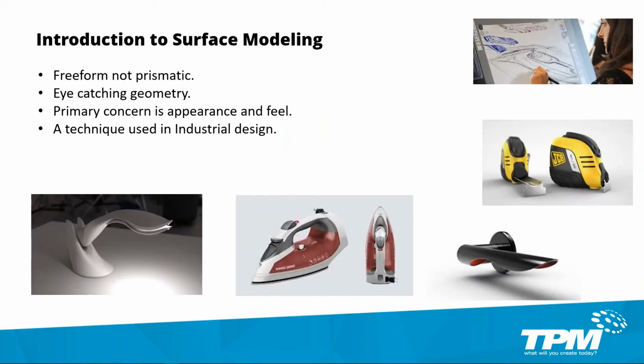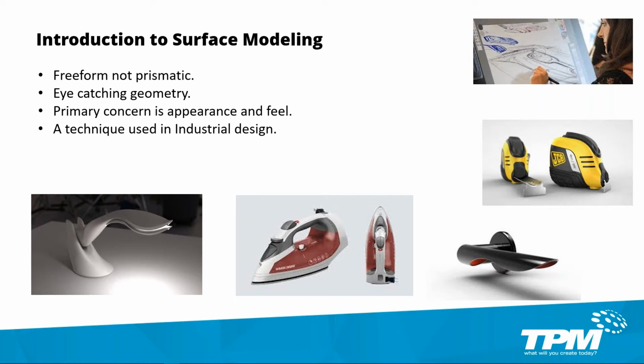Surface modeling allows for designers and engineers to create shapes that are not always prismatic, but are more of a free-form custom shape, where the objective is to create something that is eye-catching or appealing to the viewer. The designer may be more concerned with the look, style, and feel of the product. One may ask themselves, is it cool?